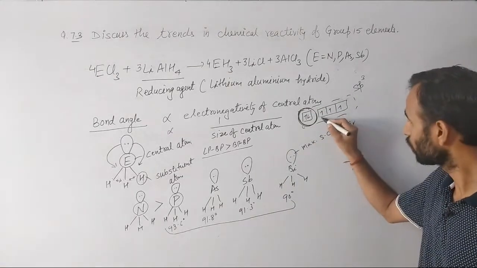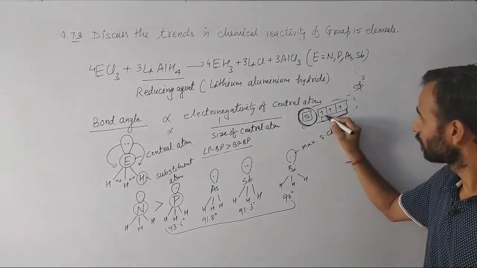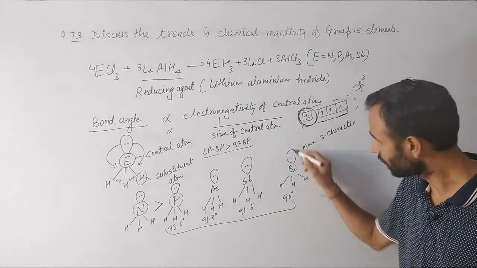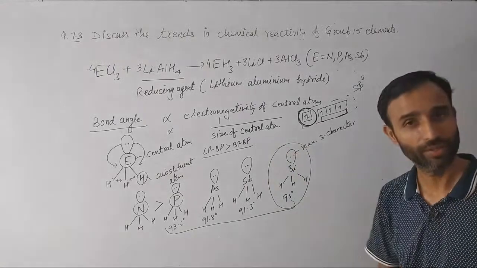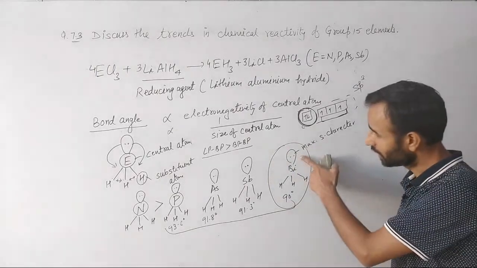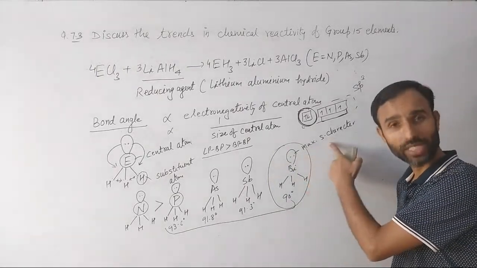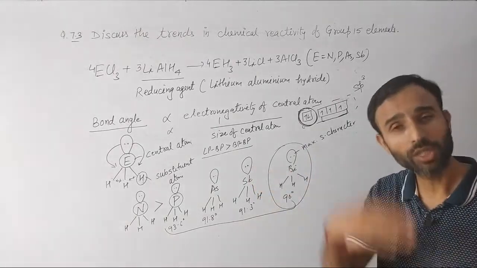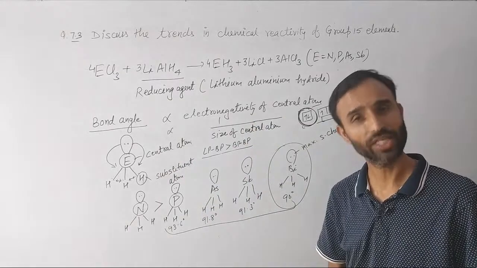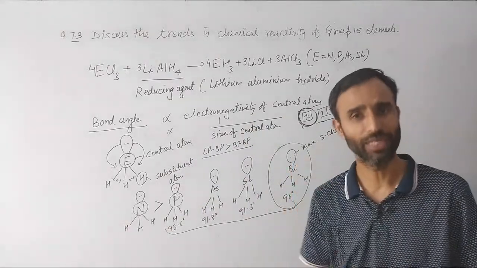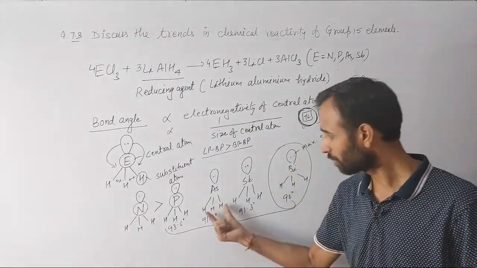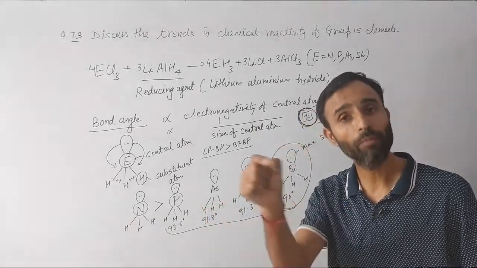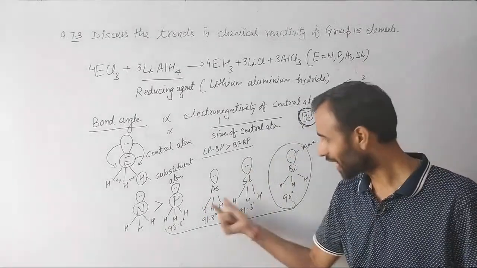So in p orbitals, the bond angle is 90 degree. See, in BiH3 it is exactly 90. That means in this case the lone pair is in the pure s, maximum in s, slightly in p. That means these bonds are formed by pure p orbitals. Slight s character is there.